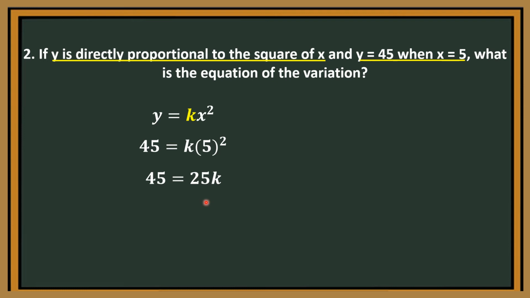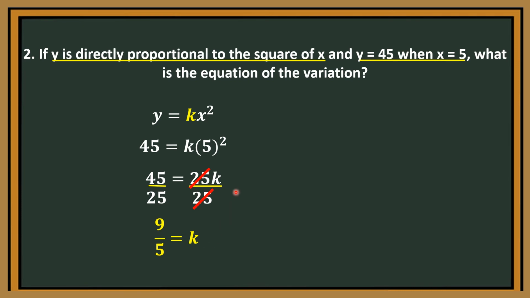Then solve for k by dividing both sides by 25. You can cancel 25, so on the right side what remains is k. Then on the left side, 45 divided by 25. We just reduce it to lowest terms. That is 9 over 5. This is now the constant.